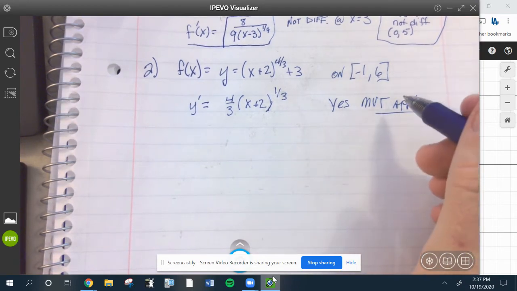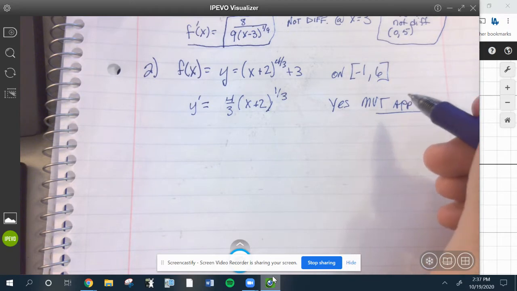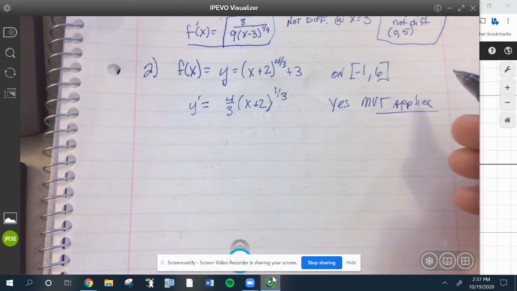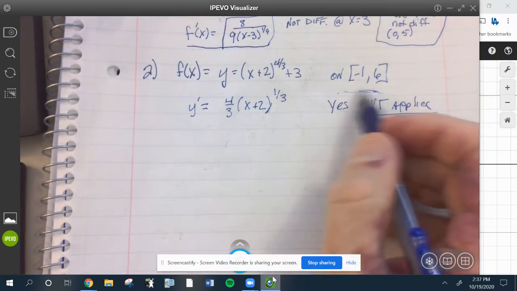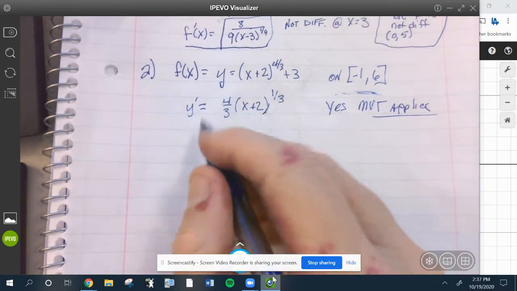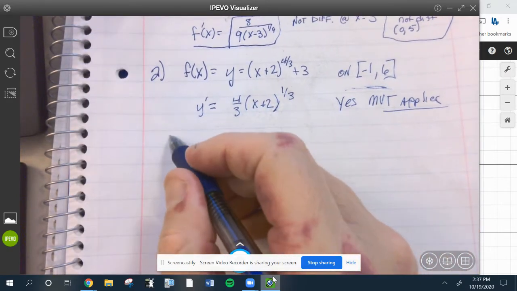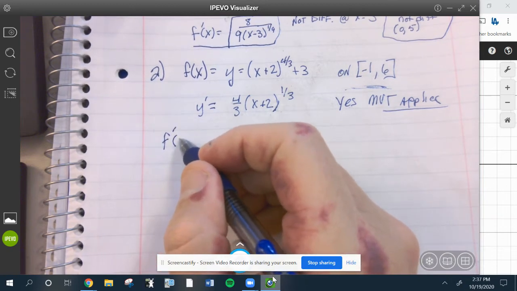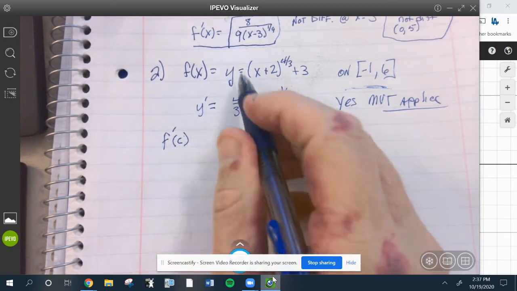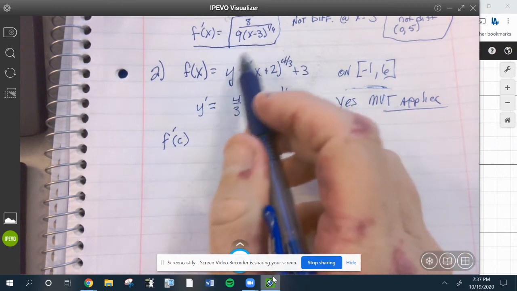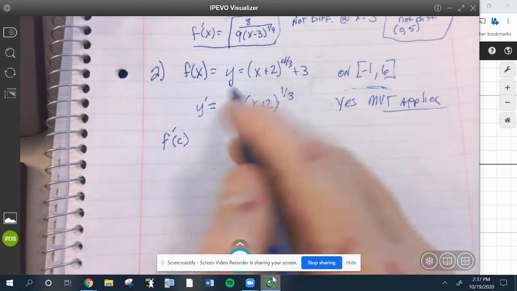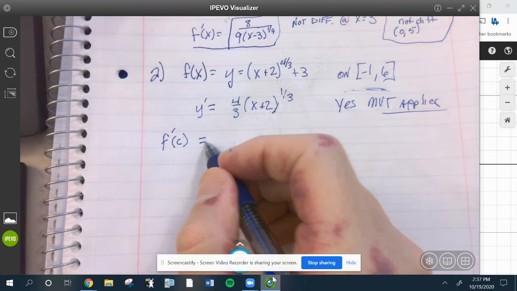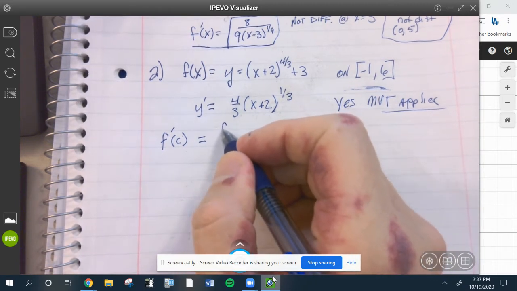So now we're going to find the value of c that is guaranteed by the theorem. There has to be at least one in this interval. So the mean value theorem says there must be some point whose slope, the derivative at c, is equal to the average slope, which is y2 minus y1 over x2 minus x1.